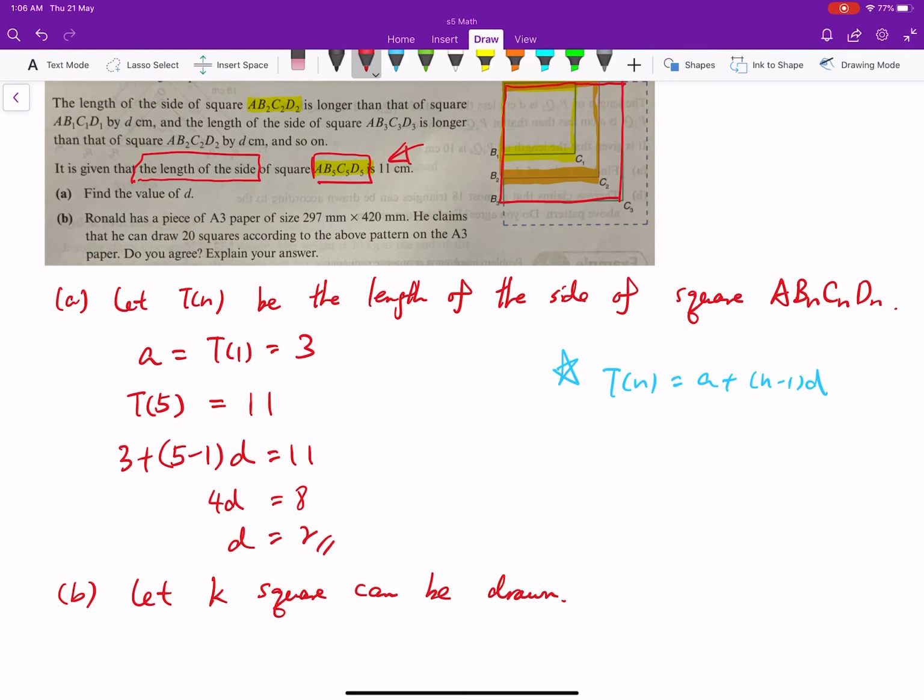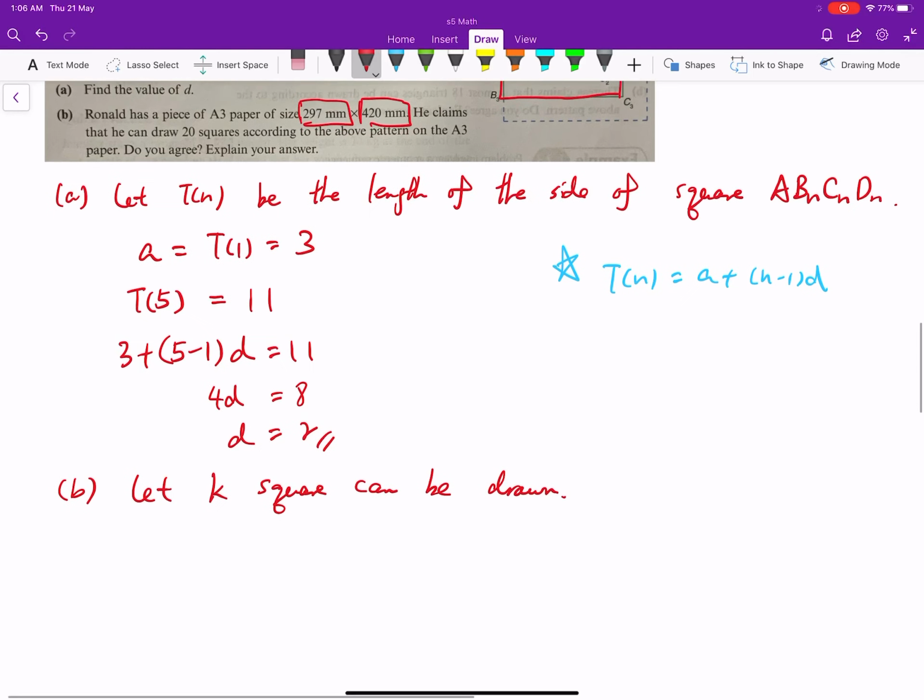Then now, because we are drawing the square, we need to consider these two lengths, right? You just imagine if you have an A3 paper, and this is 297 mm, and this is 420 mm.